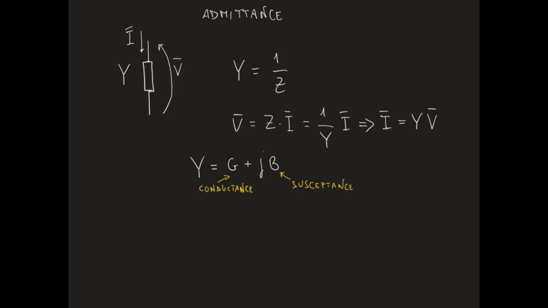We have represented here the admittance in its rectangular or Cartesian form. Of course, the admittance, as a complex number, can also be represented in a polar form as a modulus times e to the j phase of the admittance. The admittance is measured in Siemens or ohm to the minus 1.